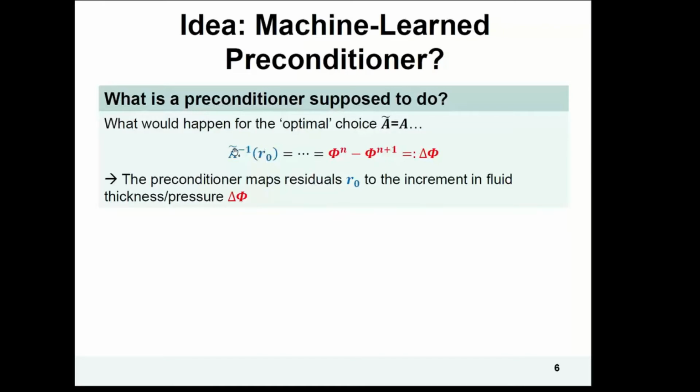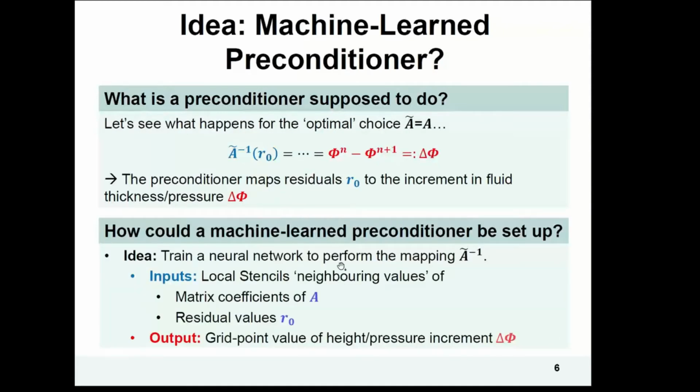And you see here that this preconditioner, the inversion, is actually applied to the residual error here. And what this gives is the increment in fluid thickness or fluid pressure. So the preconditioner actually tries to map between this residual error field to the increments in fluid thickness.